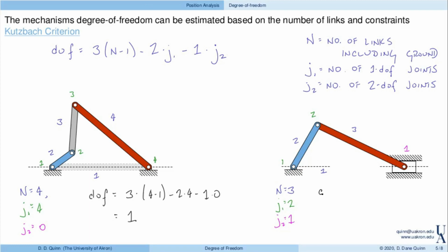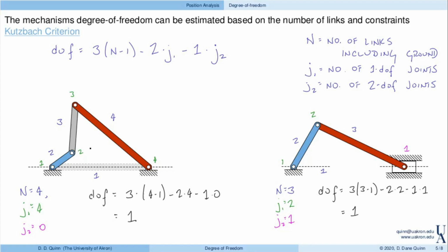So the total degree of freedom is 3 times 3 minus 1 minus 2 times 2 minus 1 times 1. And we work all this out. It's a 1 degree of freedom system.